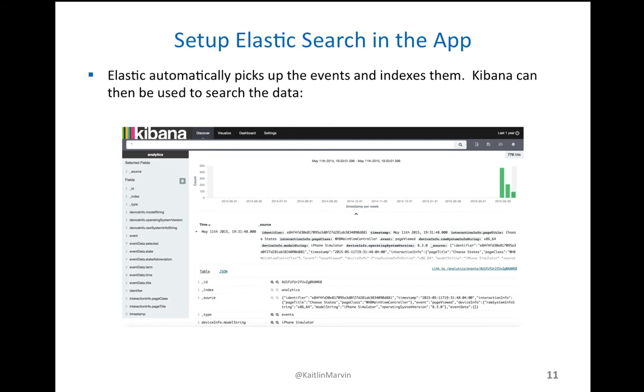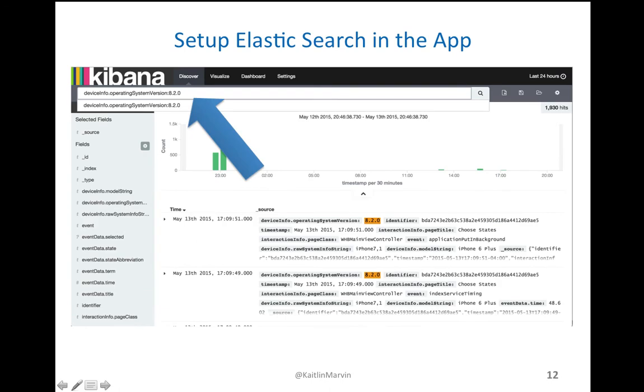For example, if I wanted to find all the states that were selected from iOS 8.2, I would use deviceinfo.operating-system-version:8.2, as you can see here. This returns all the states that were selected and deselected on iOS 8.2 devices. So you see below it's highlighting where it's matching it. These queries can also be used in the visualizations themselves, which provide even more flexibility over the breadth of data you can gather.